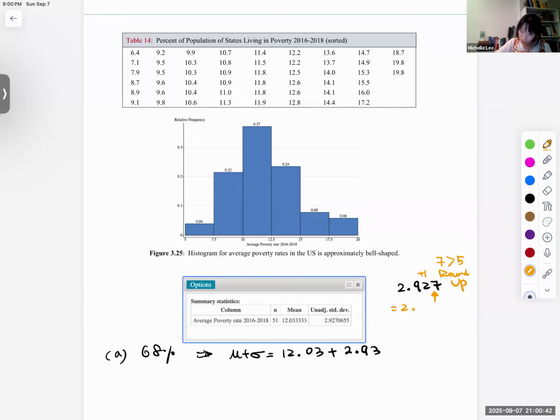So that will be 2.93. Now, can you please calculate? 14.96. How about subtracting? Minus, what do we have? 9.1. So the two values will be 9.1 and 14.96.